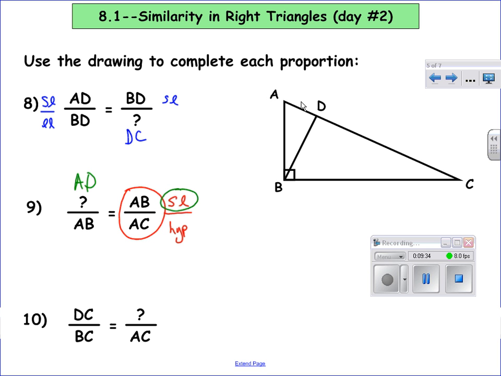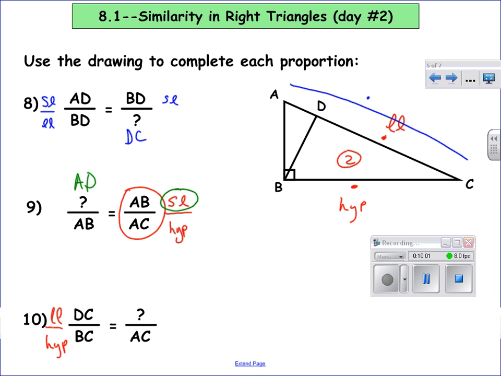DC, let's mark that, over BC. Well, in triangle 2, that looks like the long leg over the hypotenuse. Okay, so I'm going to mark that. Okay, and let's see. Blank is to AC. Well, where's AC? Let's see. AC is the hypotenuse in the big triangle.